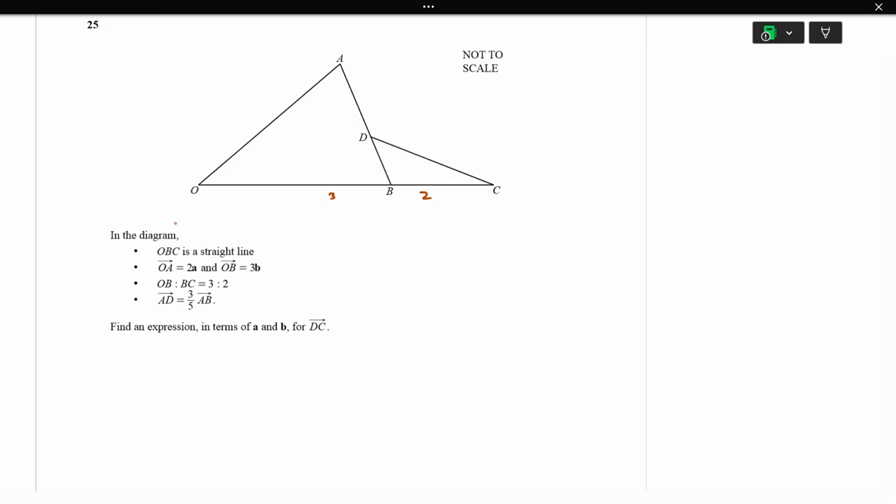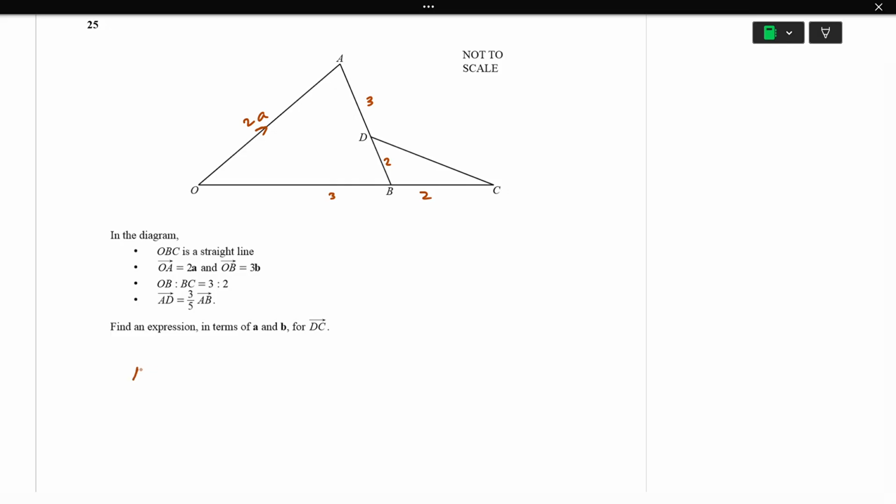Okay, so here OA equals 2A, and AD equals 3/5 of AB. So this is 3 and this is 2. Okay, so all fine. Find the expression of DC.